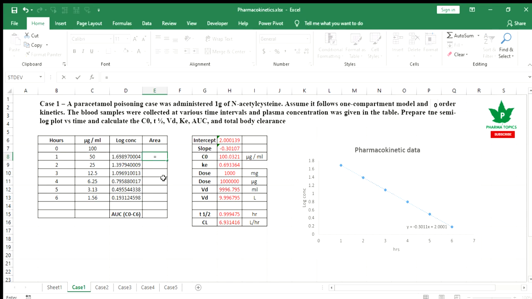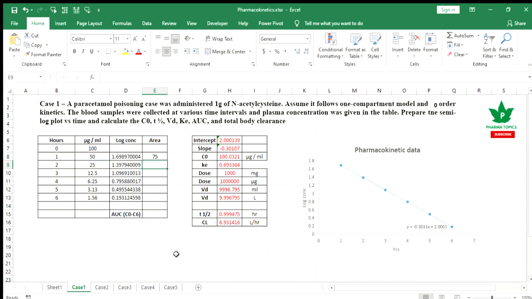AUC equals half, that means you put 0.5 into the sum of the two concentrations, into the time difference, which should be a minus. Correct. So it is 75.